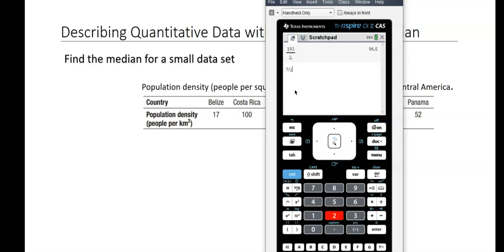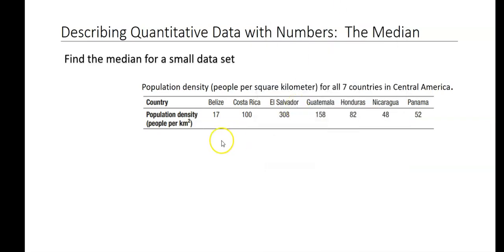I do 7 divided by 2, which is 3.5. If you round that up, the fourth term should be the middle term. That works when it's odd. If it was even, I do 8 divided by 2 is 4. The fourth and the next term are the middle terms. So that's just my method for finding which term is the middle.